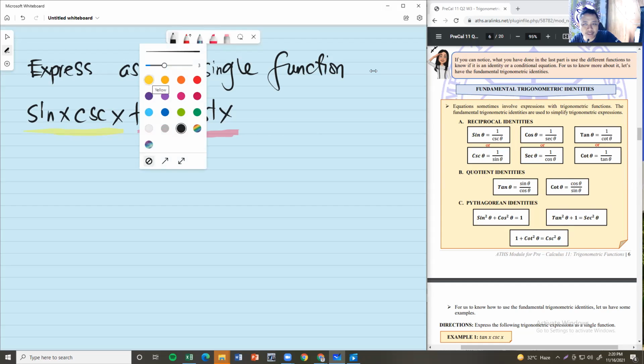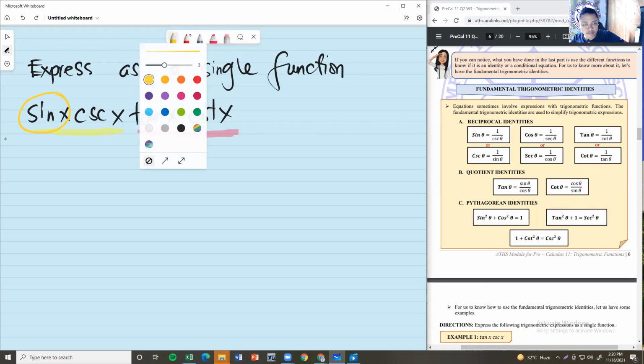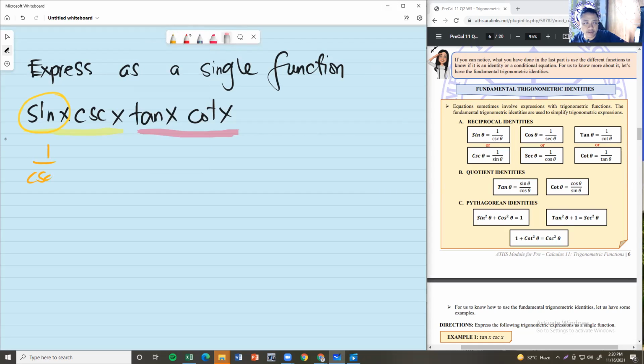Let's now do this process. Game. So, looking at our reciprocal identities, I noticed that sine x can be rewritten as 1 over cosecant x.